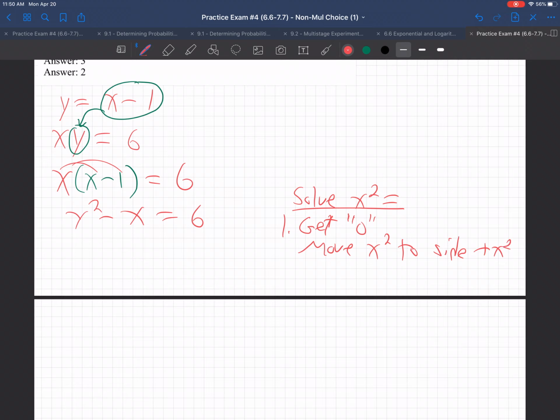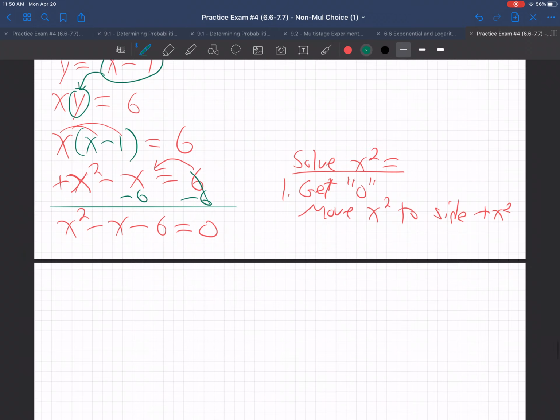It already is, right where it's at, it's positive. So I don't need to move it. I'm going to just jump the 6 this way. When that 6 jumps over, it becomes a minus 6. Really, I just subtracted 6 from both sides, didn't I? That's all that happened, and it canceled out here. So you just jump the 6 to the other side, and it becomes a minus 6.